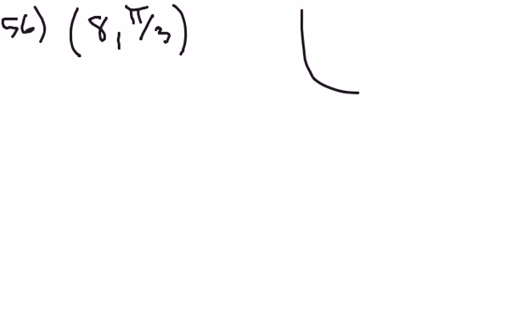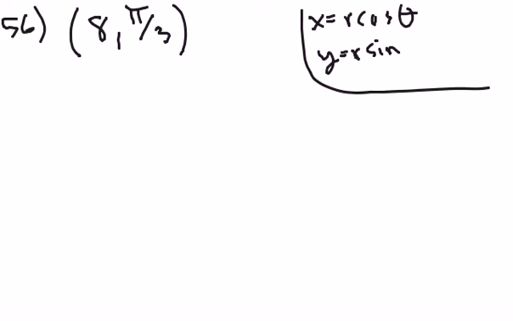56. Write the equivalent rectangular coordinates for each point in polar form. These are actually very easy, as long as you know the conversion formulas. So the formulas you want to know are x is r cosine of theta, y is r sine of theta. So if this is r and this is theta, I literally just plug them in.